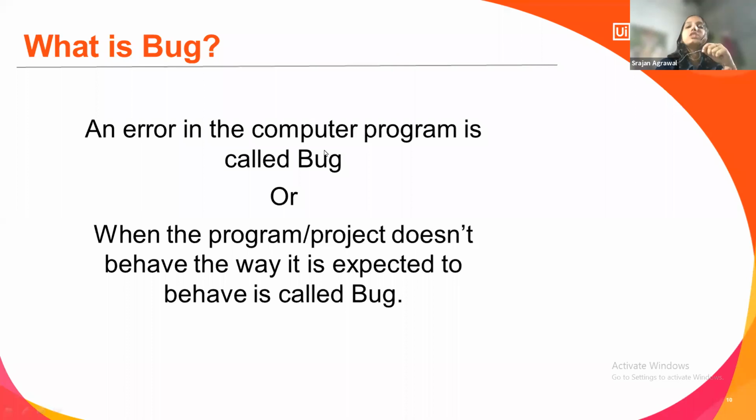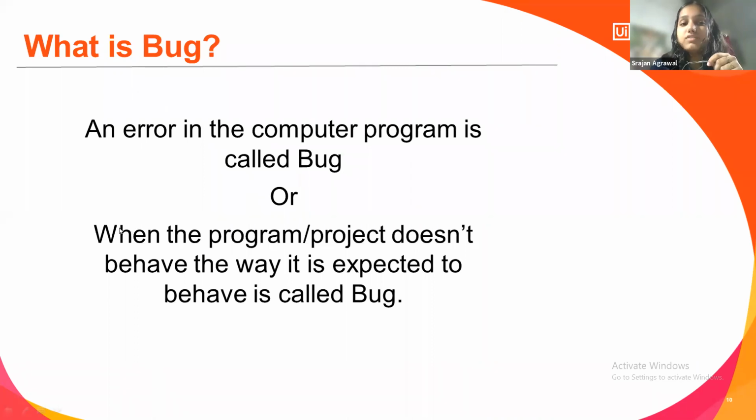What is a bug? If you build an automation, or if we work in any programming language, there are so many bugs. A bug is something which we can define as an error. An error in a computer program is called a bug. It's a very straightforward definition which you can read on the screen also.